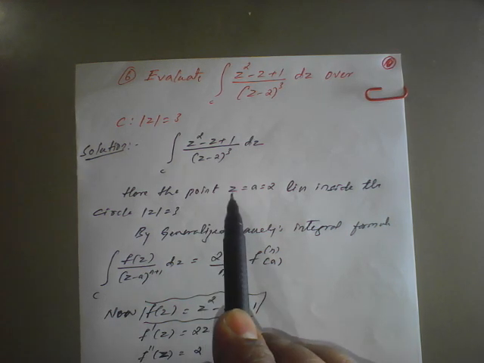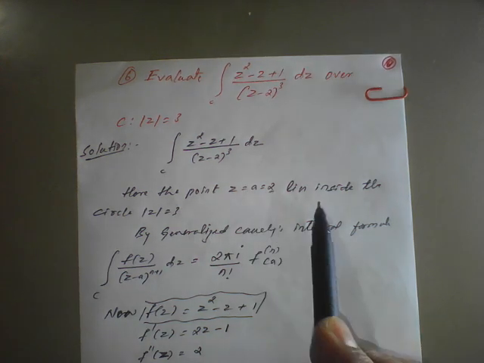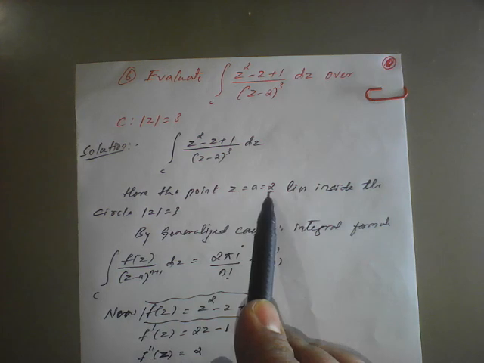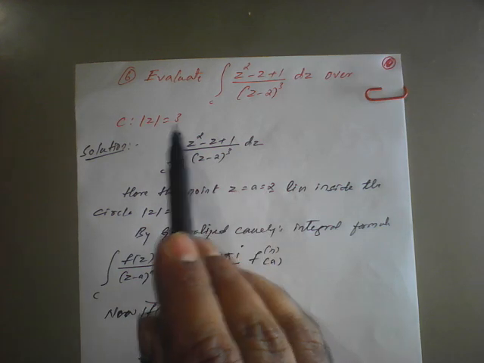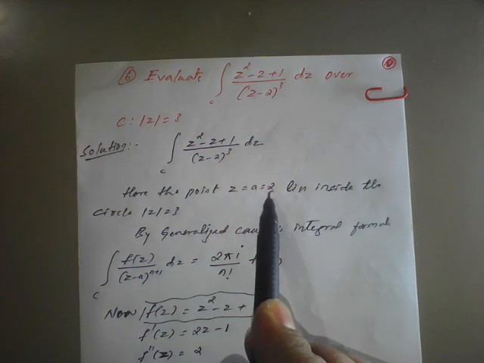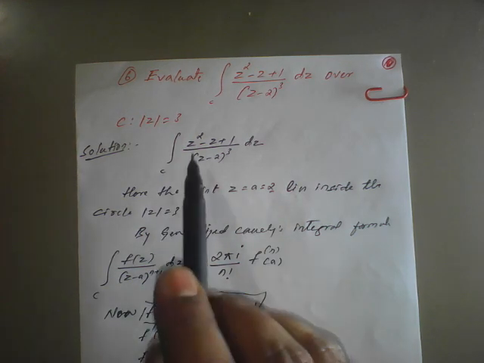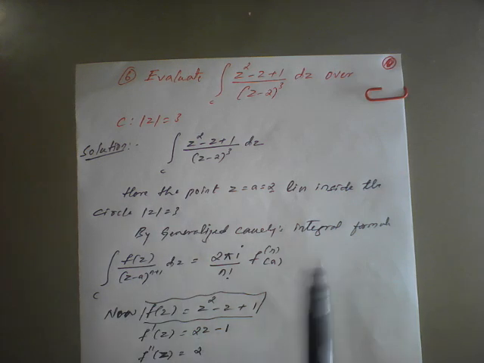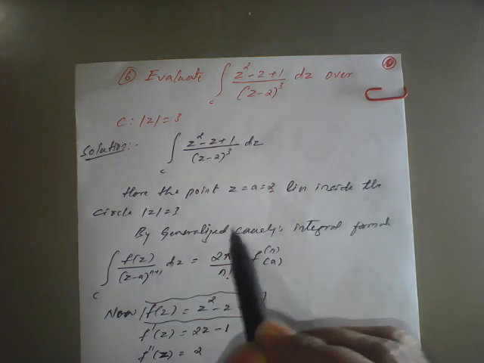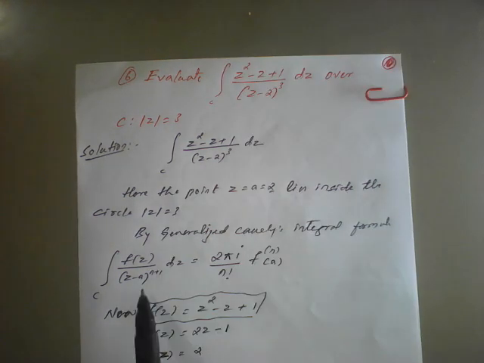So z is equal to a is equal to 2 lies inside the circle, because if the radius is 3, the value 2 will be inside 3. So at that time we can apply Cauchy's integral formula, but here we'll apply the generalized Cauchy's formula because of power 3.